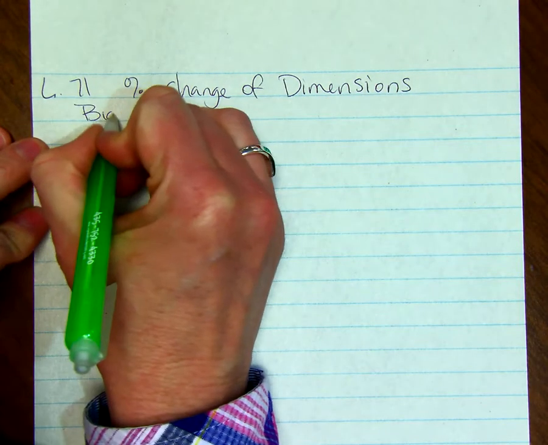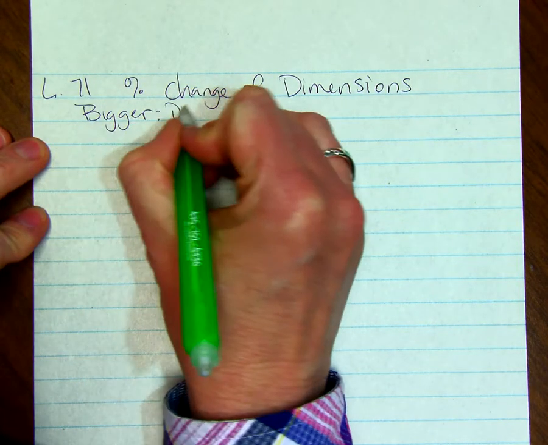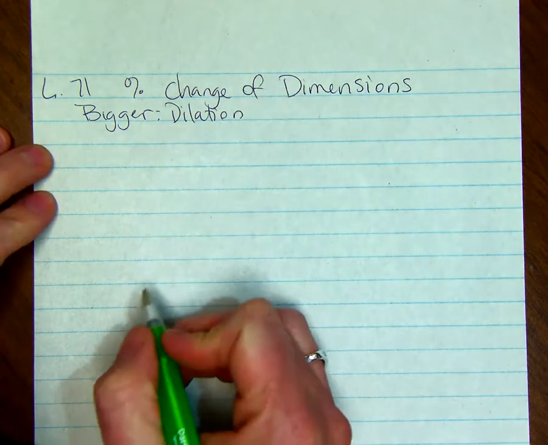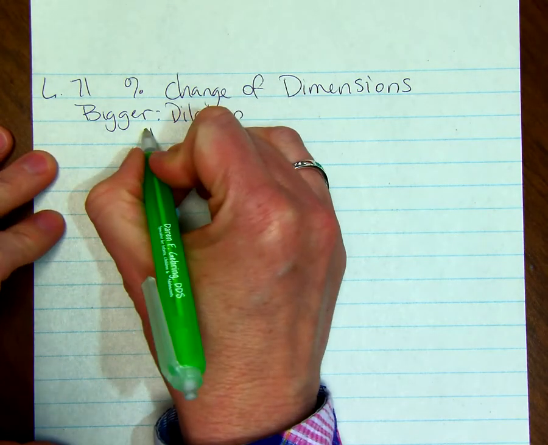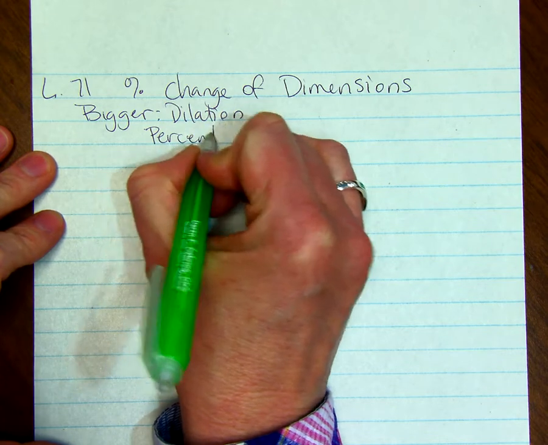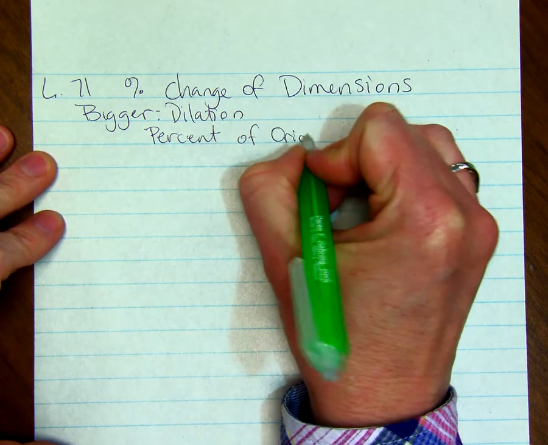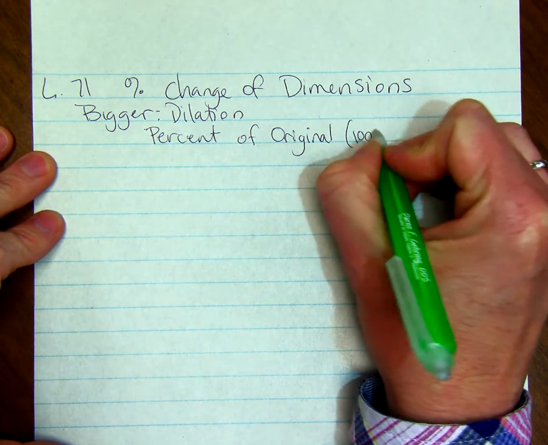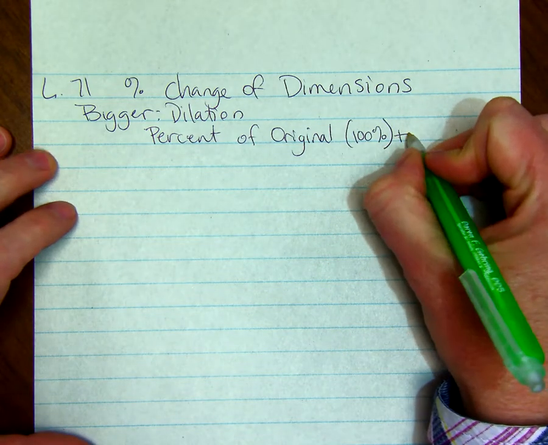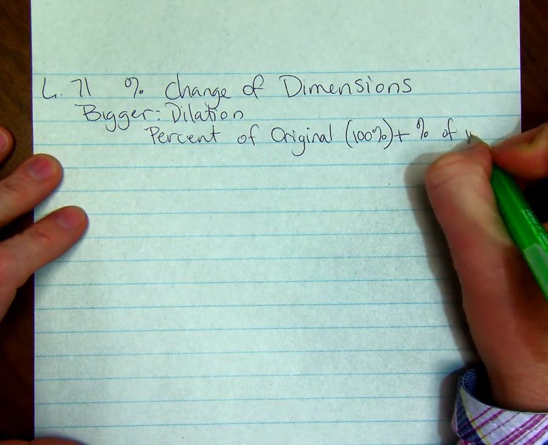So if we're getting bigger, we call that a dilation. We take a percent of the original, which is always 100%, and we're going to add the percent of increase.